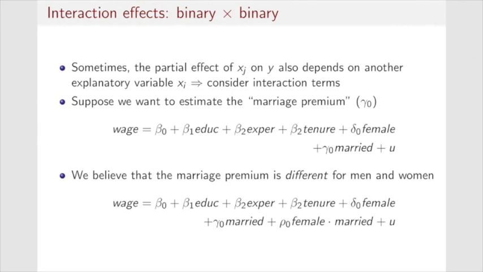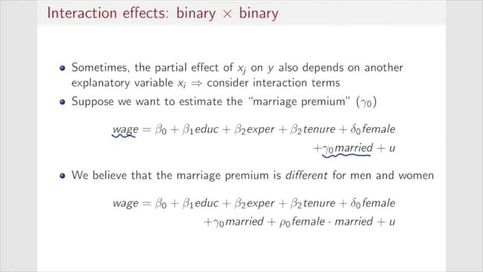For instance, suppose we want to estimate the marriage premium on wage, we can use this econometric model. The dependent variable is still the wage. For the independent variables, we now have a new binary variable, married.